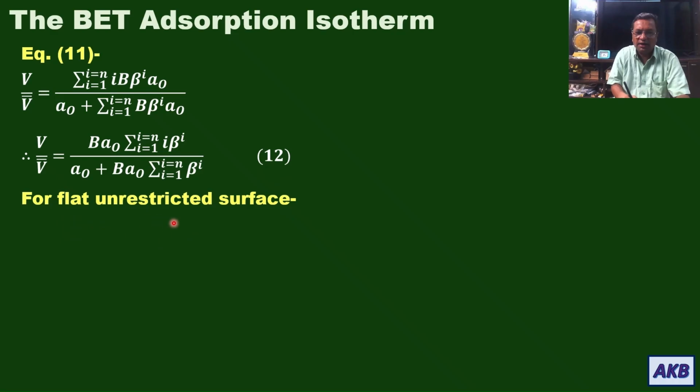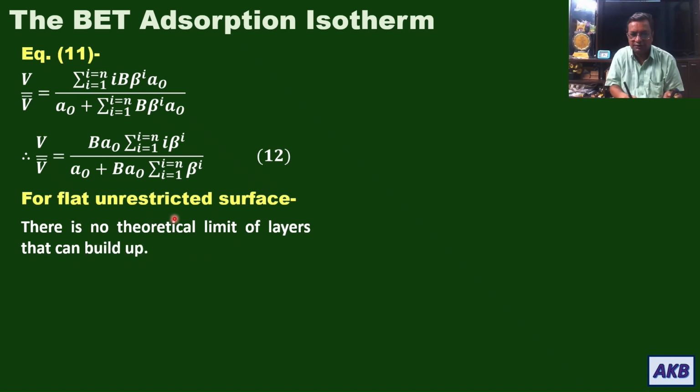Now for a flat unrestricted surface of the adsorbent, there is no theoretical limit on the layers that can build up. What is the meaning? Infinite layers can be formed on the surface of the adsorbent if you have an unrestricted flat surface.